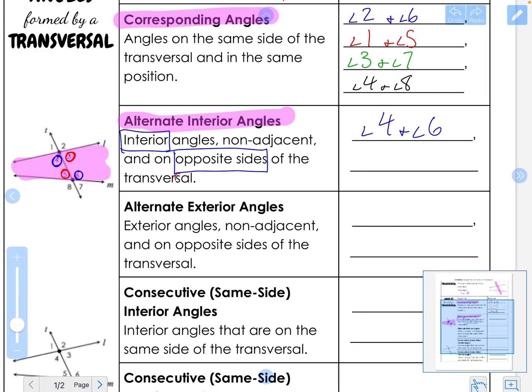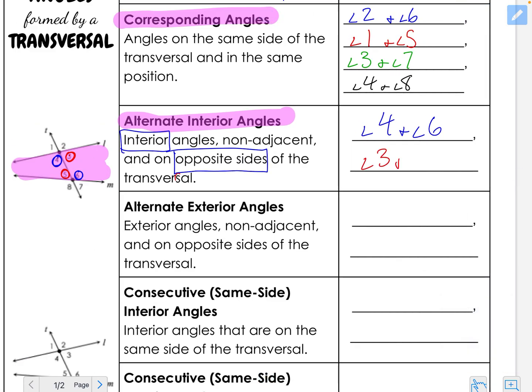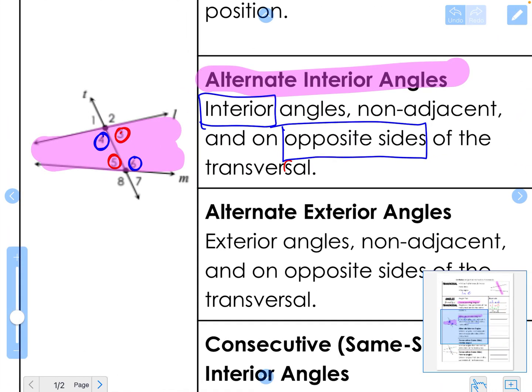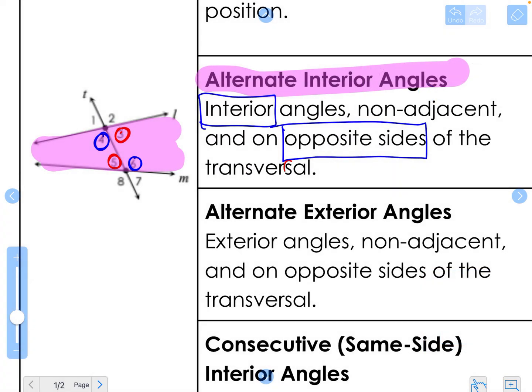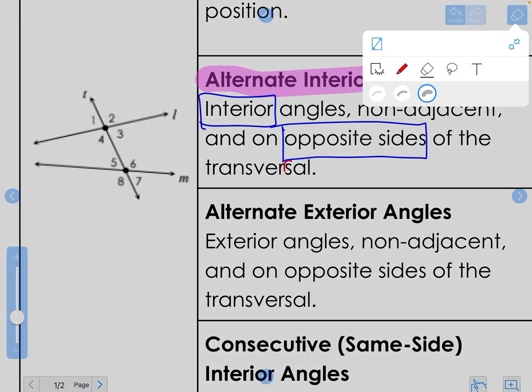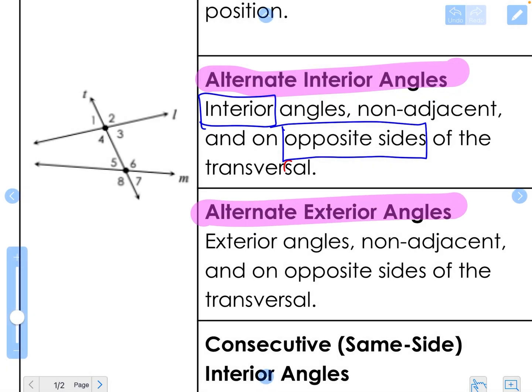Sorry, not 4 and 5. Angle 3 and angle 5 are alternate interior angles. So now we're going to look at our alternate exterior angles. Exterior is everything above or below the two lines. It's on the outside, not the interior.